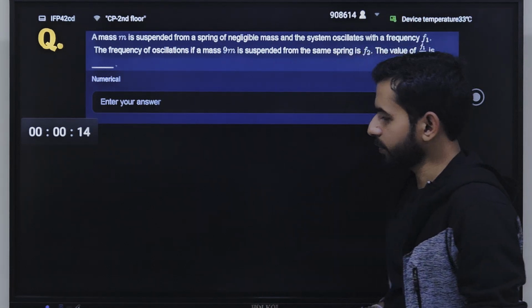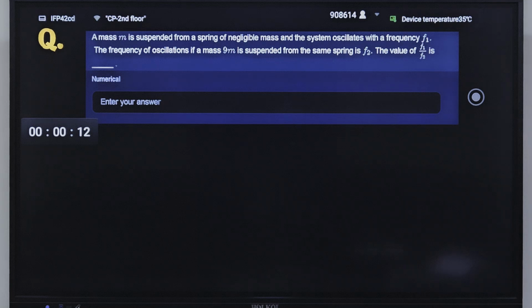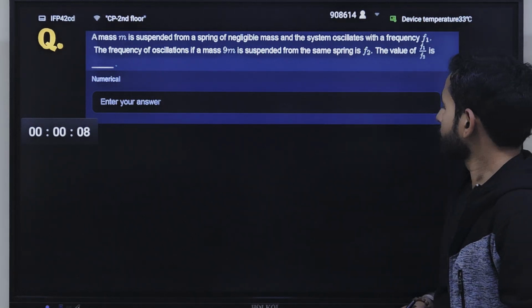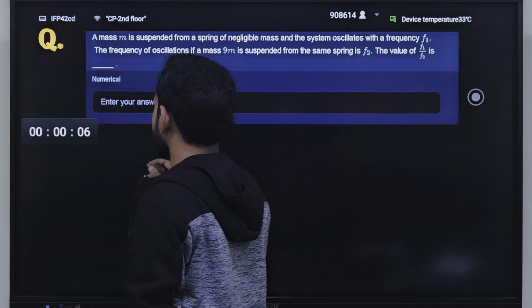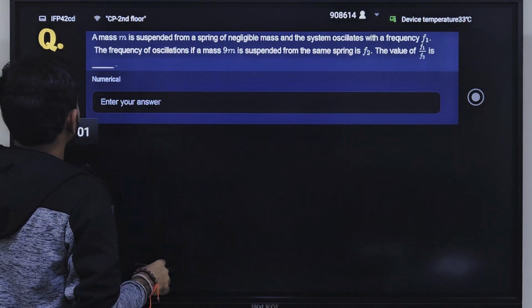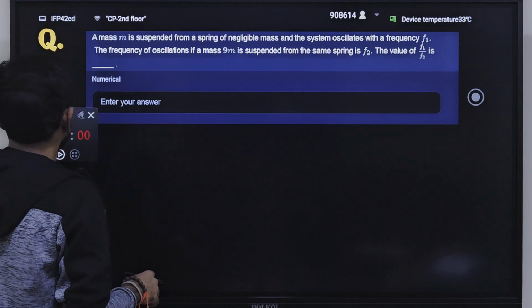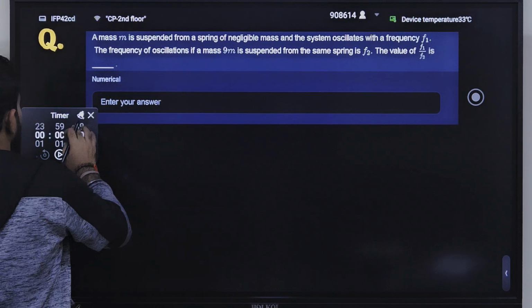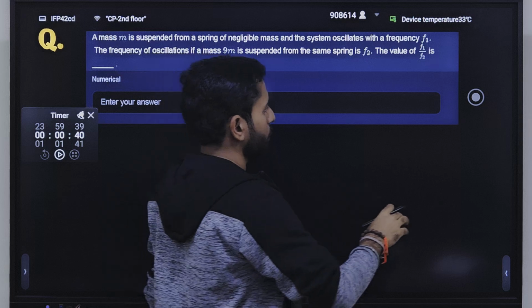Find the value of f1 by f2. Again, you will get this kind of question. See what you can do.